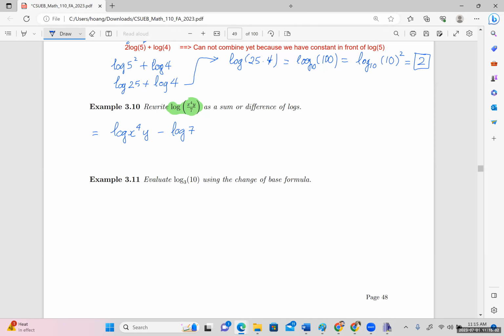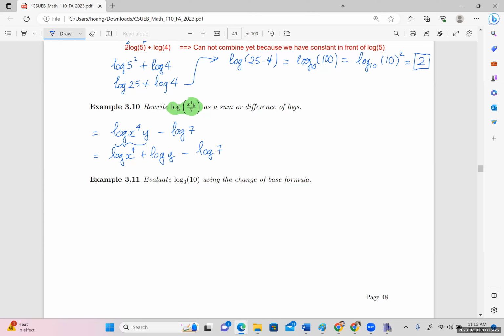And I can split this to be log of x to the power 4 plus log of y, and I will minus the log of 7.